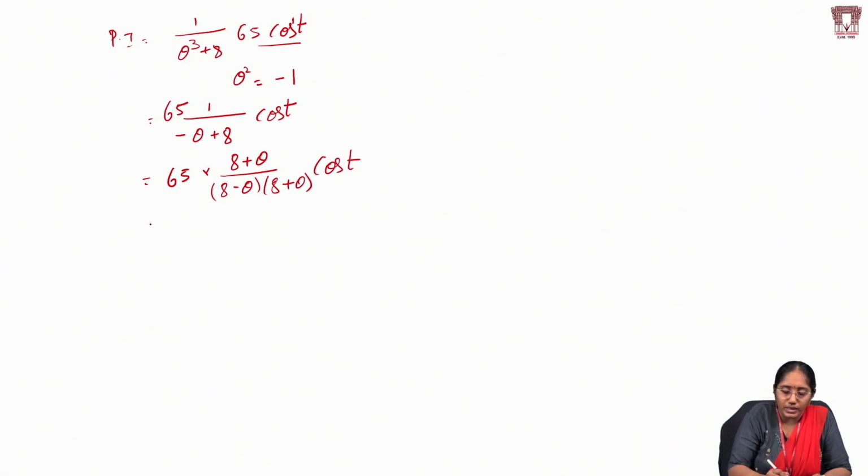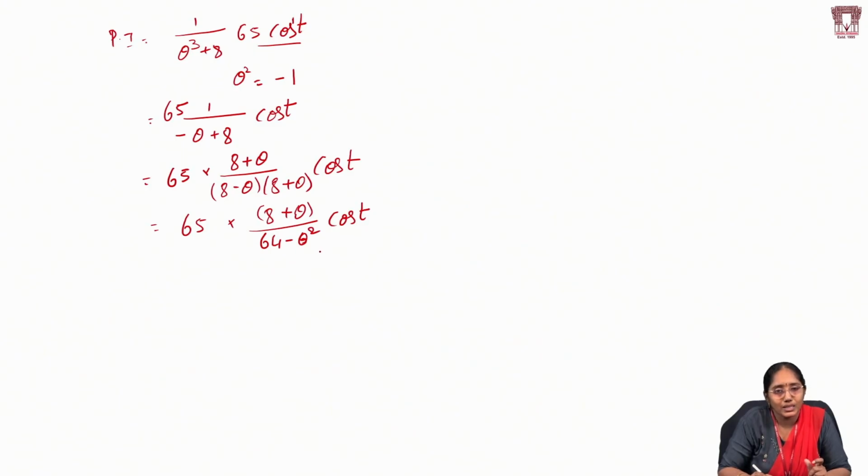Simplifying, we get 8 plus theta by 64 minus theta square into cos t. Again, in the denominator we have theta square, and that theta square is replaced with minus 1 again.